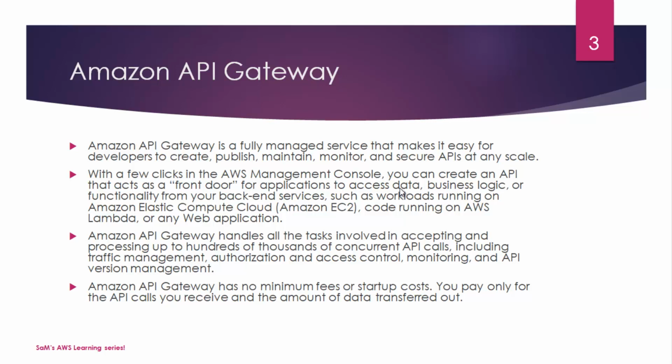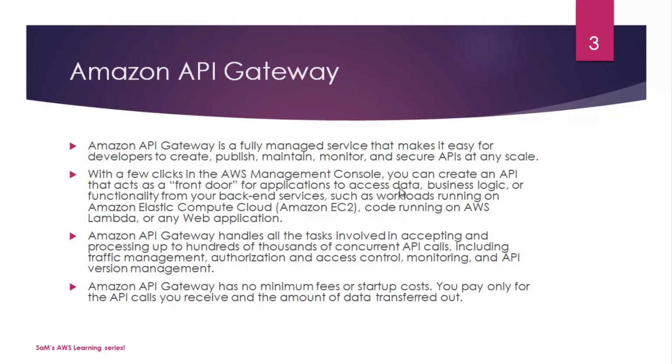So the main idea behind API Gateway is to make these functional parts behave as a single application. Not just that, it has various other functionalities as well, but in simple terms you can understand API Gateway like this. Amazon API Gateway is a fully managed service that makes it easier for developers to create, publish, maintain, monitor and secure APIs at any scale.